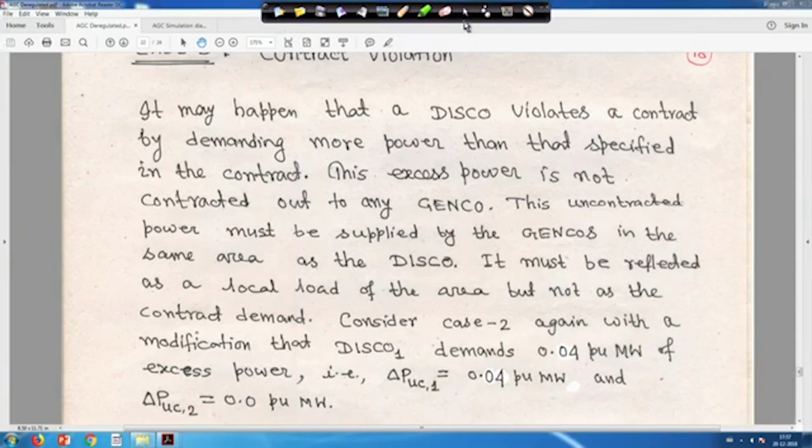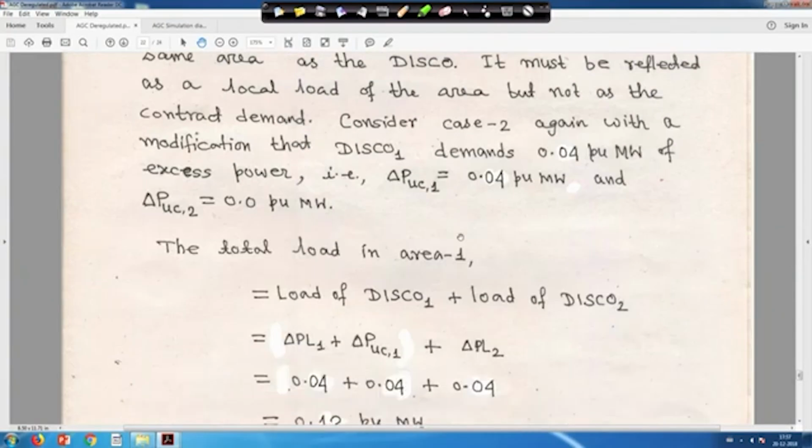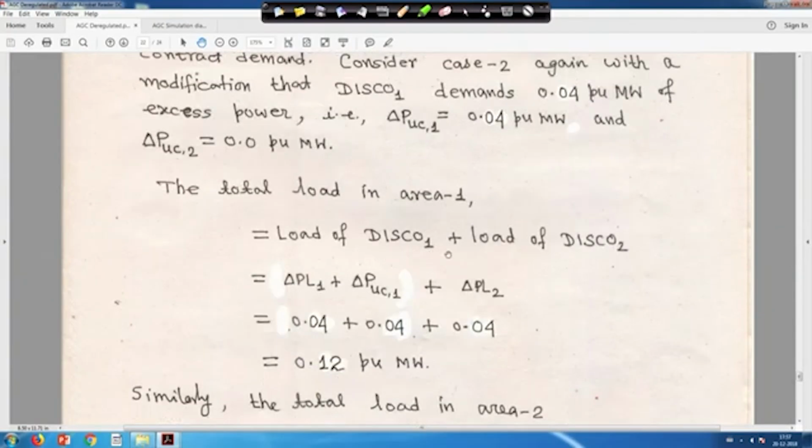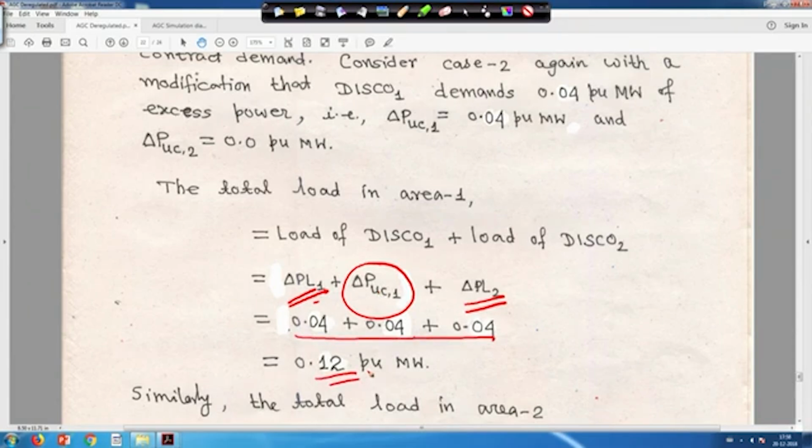Therefore, now total load in area 1, load of DISCO 1 plus load of DISCO 2. Already delta PL1 is the total load of DISCO 1, then delta PL2 is the total load of DISCO 2, plus this additional delta PUC1 which has been demanded by DISCO 1, the distribution company 1. So, total will be 0.12 per unit megawatt, that is the total disturbance in area 1, right.